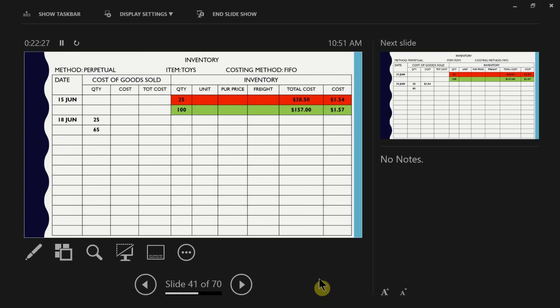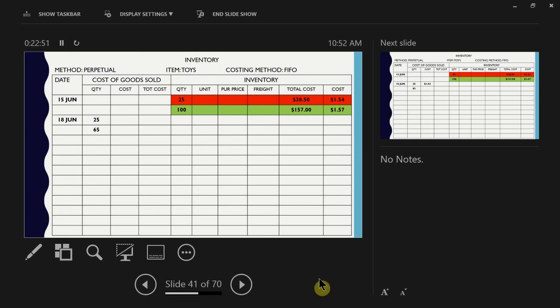The red batch. We're going to take from the red batch. In this case, we only have 25 units in my red batch. So therefore, I need to get a grand total of 90 toys, so I need to dip into my second batch, which is my only batch remaining, my green batch, right? Whatever 90 minus the 25 is, should give you 65.